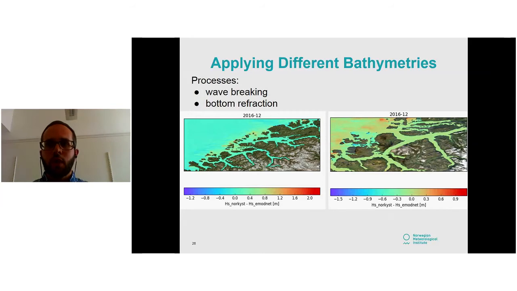Here, for example, these two figures illustrate the difference of significant wave height for the month of December 2016 between the Northeast bathymetry and the EMODnet bathymetry.